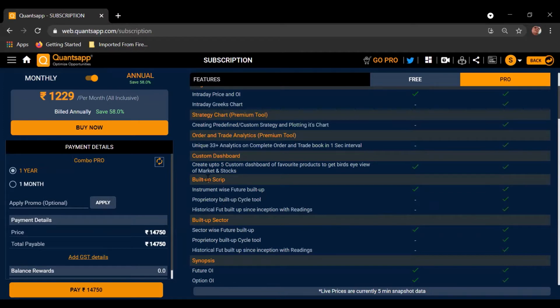If you look here, the built-up script will show you a proprietary built-up cycle tool, which basically shows you the positioning in that particular script. Which means whether people are covering, whether they're long unwinding, whether they're building up long positions, or whether they're building up short positions. So that's something that you can see on a day-to-day basis.